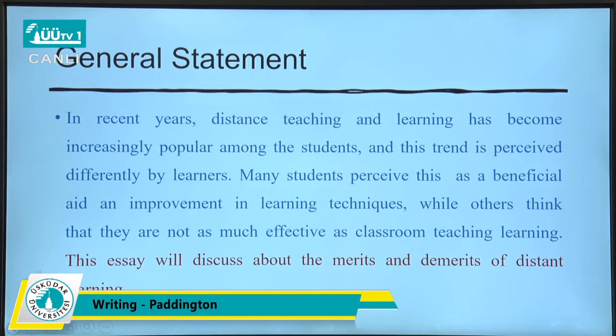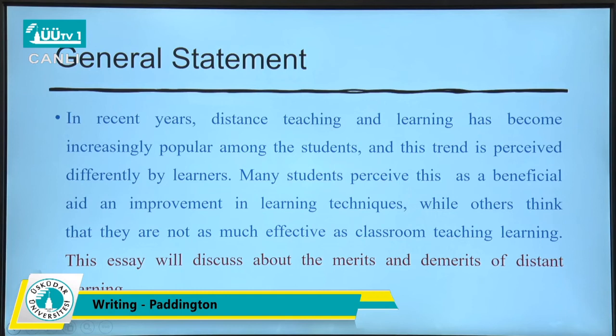I mentioned responsibilities and self-discipline. Use it here, guys. This is my general statement: online lessons and distance education. In recent years, distance teaching and learning has become increasingly popular among students, and this trend is perceived differently by learners.